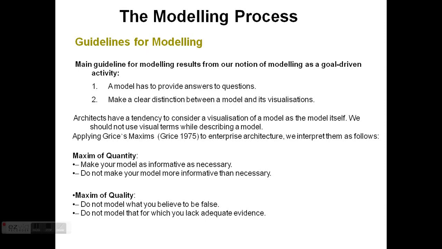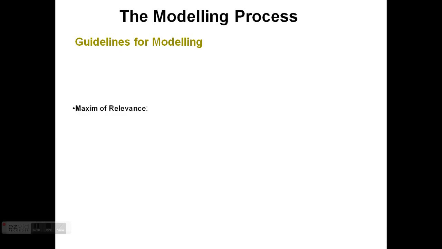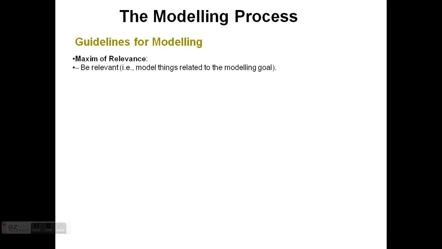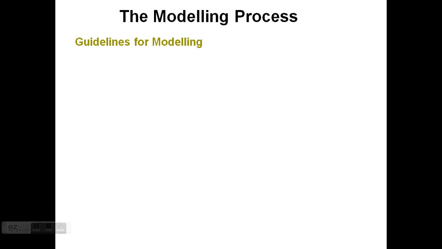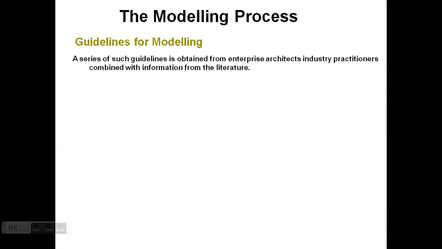Do not model that for which you lack adequate evidence. If you don't have evidence, don't do it. Other things such as be relevant: model things related to the modeling goal, so it should be relevant. Okay, I'll just list those.